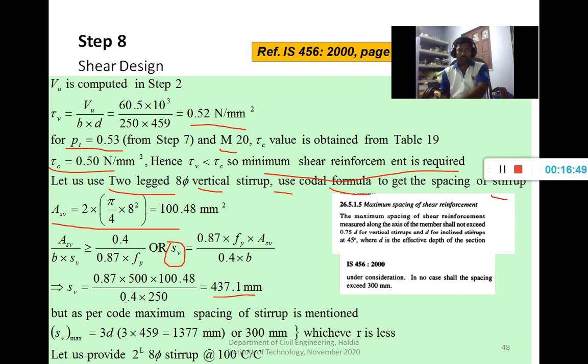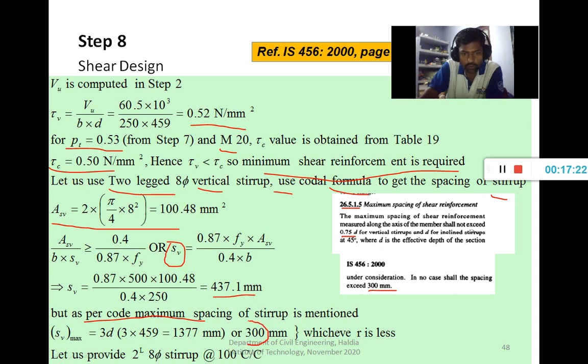But as per code, the maximum spacing of stirrup is mentioned. You check clause number 26.5.1.5, the maximum spacing, that is 0.75 d or 300 mm, whichever is less. So what comes, 0.75 d or 300?